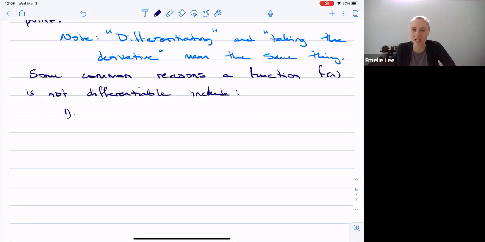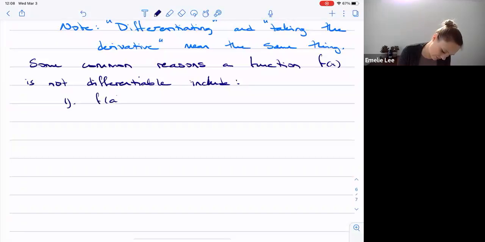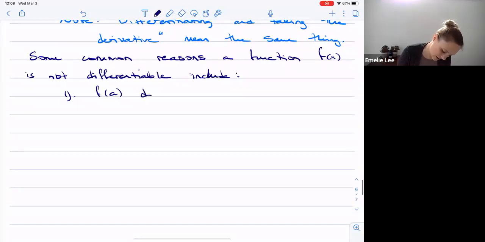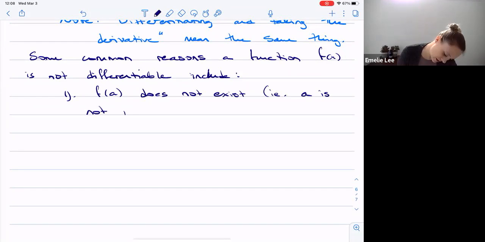So at some value of a that you're interested in, this function doesn't exist. So the first one is f of a does not exist. What that means is that a is not in the domain.